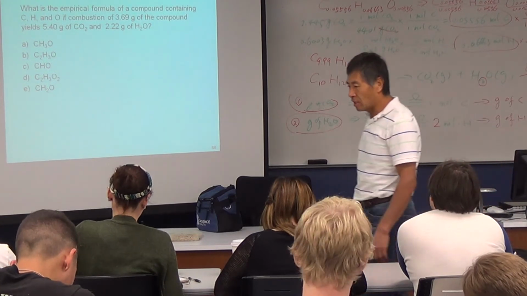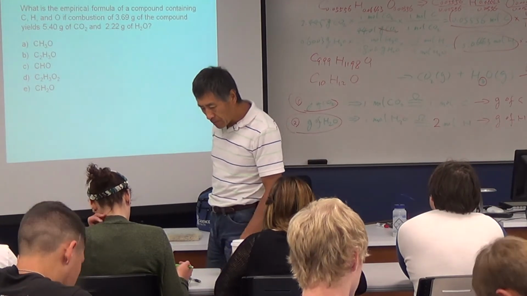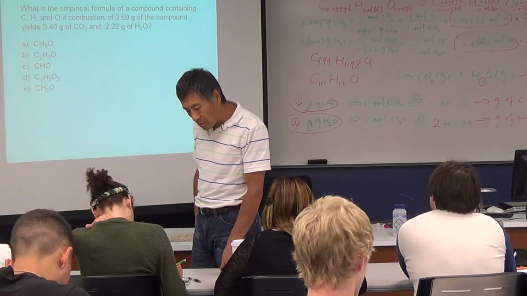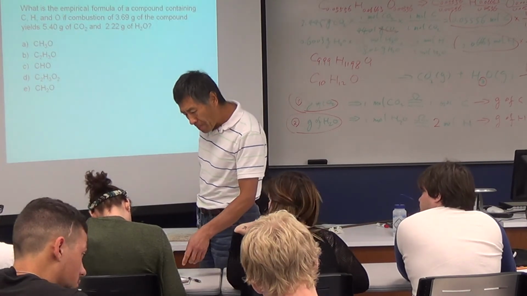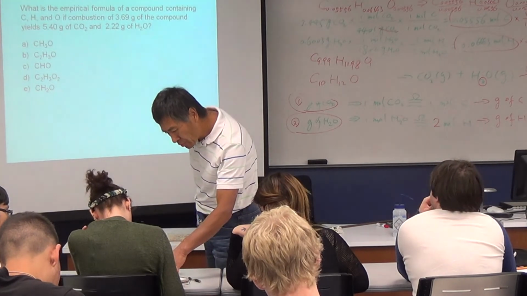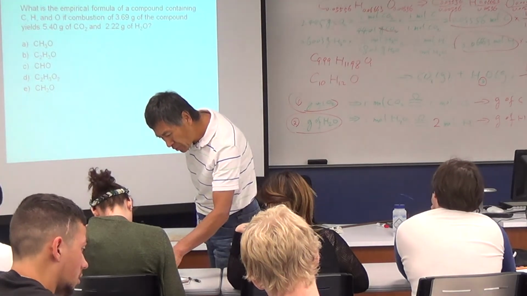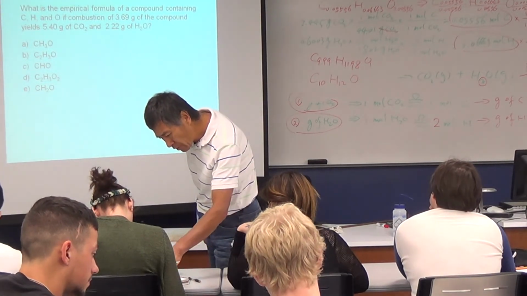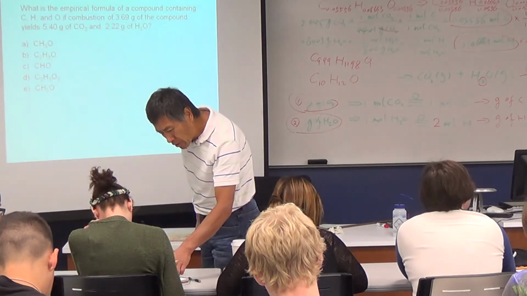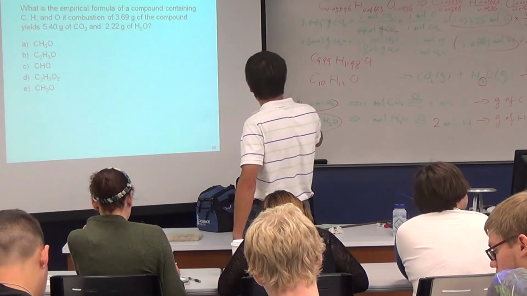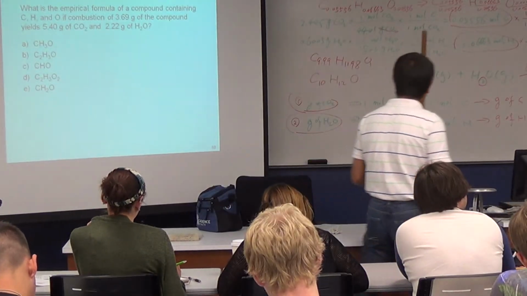Do you find the answer to E? What step are you on? So this is the grams of CO2, right? So take the grams of CO2, that's just replaced by whatever you have. Very good.